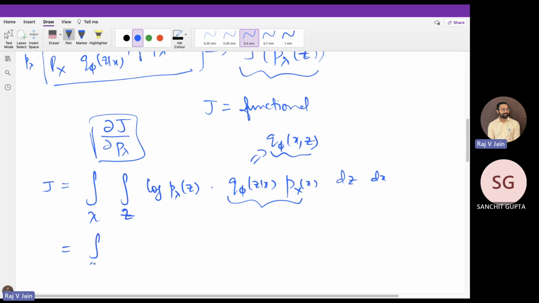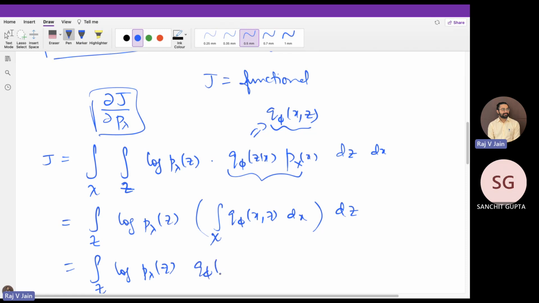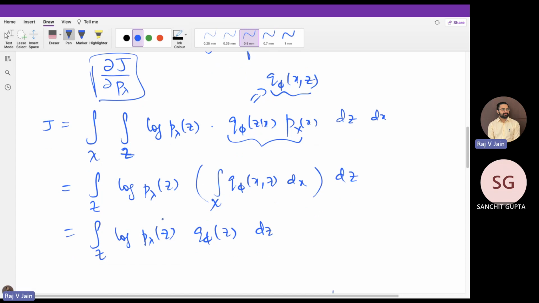So I will have the integral over z of log p lambda of z into the integral over x of q phi of x comma z dx dz. And this, as we defined just now, becomes just q phi of z, aggregated in some sense, dz. Now we can basically apply the Euler-Lagrange equation in this form.